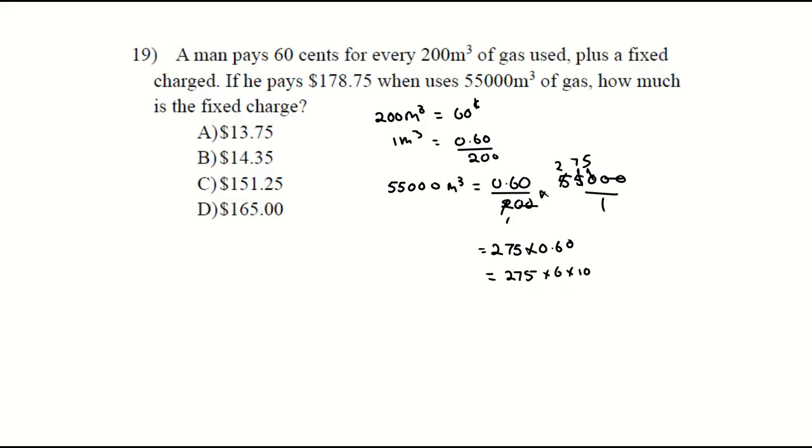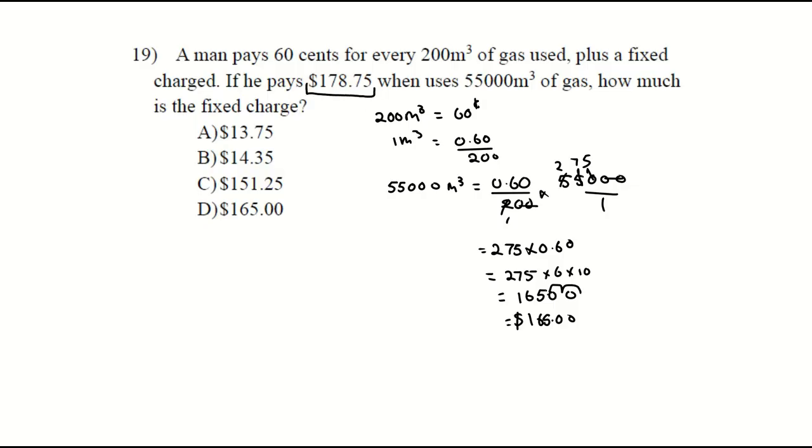You just say 275 multiplied by 6 is 1650, and then you add a 0 because it's multiplied by 10. But the initial question has a decimal point, so you have to shift this two places. So you know that for 55,000 meter cubes of gas the cost is $165.